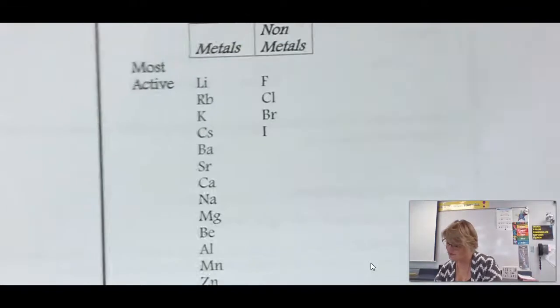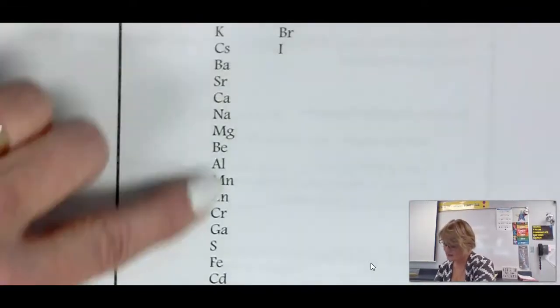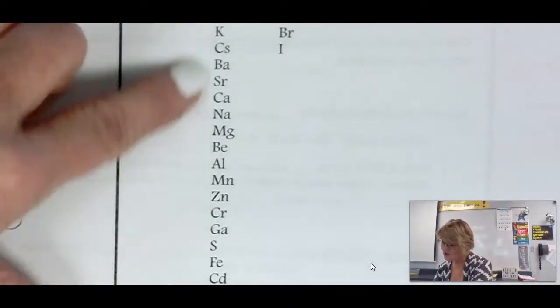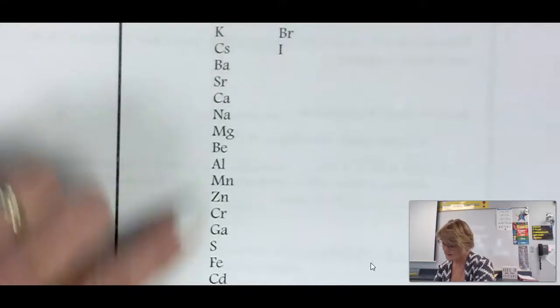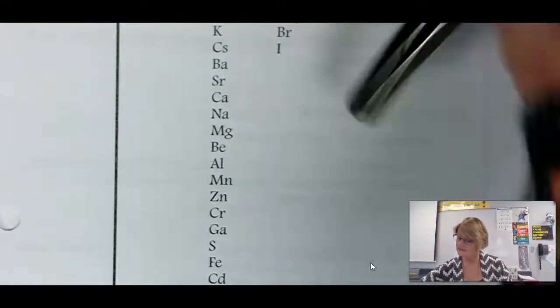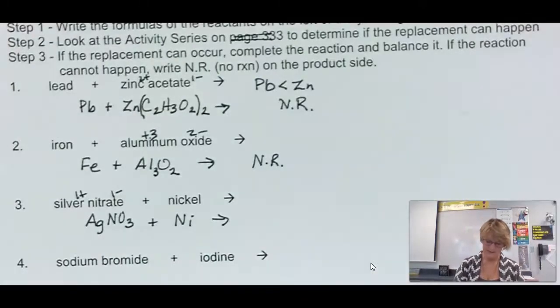As I go to my chart, hopefully yours is better, I find nickel here. My chart does not have silver on it, and I don't happen to have the one that I gave you. So I'm just going to do a quick search for nickel and silver. There we go.